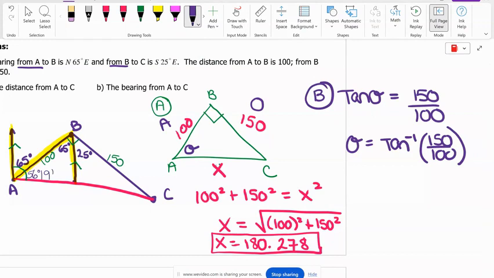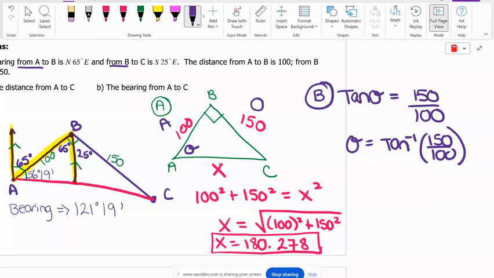So now if I were to add these two angles to find the bearing, it's going to be 65 plus 56. Did anybody add these? 121 degrees and 19 minutes.